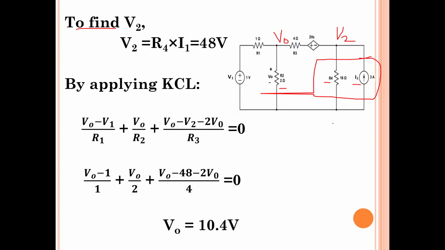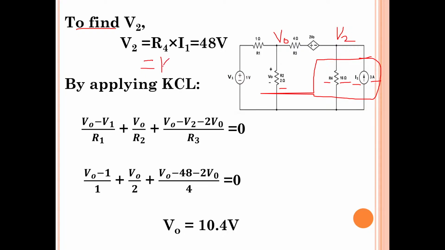So whatever current, 3 amperes, is there, the same current will flow through R4. The source current I1, whose value is 3 amperes, will flow through R4. R4 value is how much? 16.